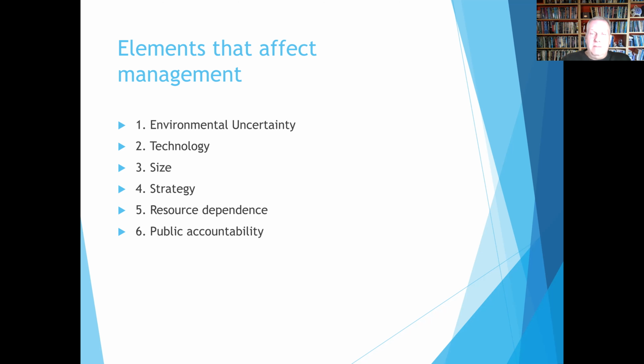Resource dependency also has a big impact upon how we structure and manage our organizations in structural contingency theory. How dependent are we on appropriations? If we are dependent upon appropriations, then we need to please the appropriators. We need to demonstrate to the appropriators that we are worthwhile of continuing and hopefully enhancing appropriations in a future fiscal year.